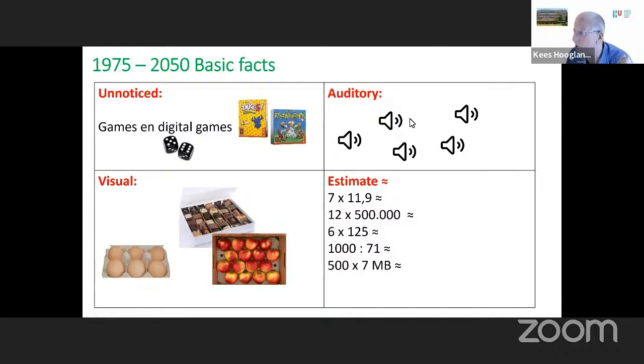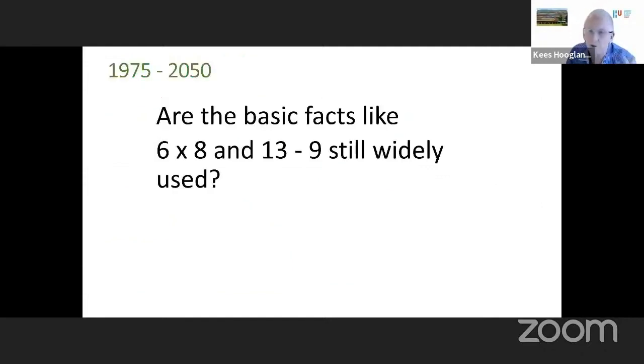Very interesting is also to do more auditory things: talk with people about 6 times 8 and not only do it on paper. And in estimations, we see a lot of things still going on, because estimating is basically, for complex situations, bringing it back to a simple addition or a simple multiplication. But then it is very helpful if you know the answer to that multiplication. And you can do a lot of those estimations.